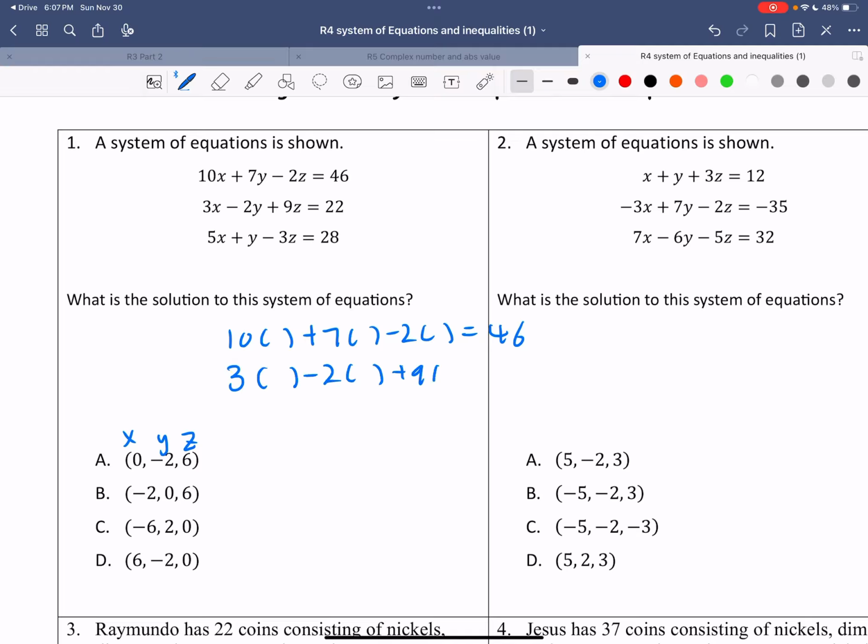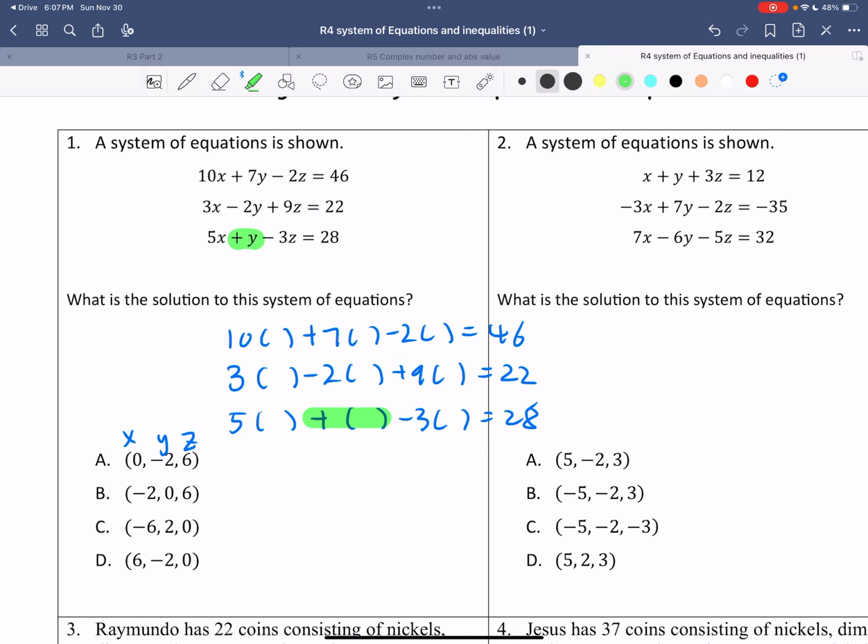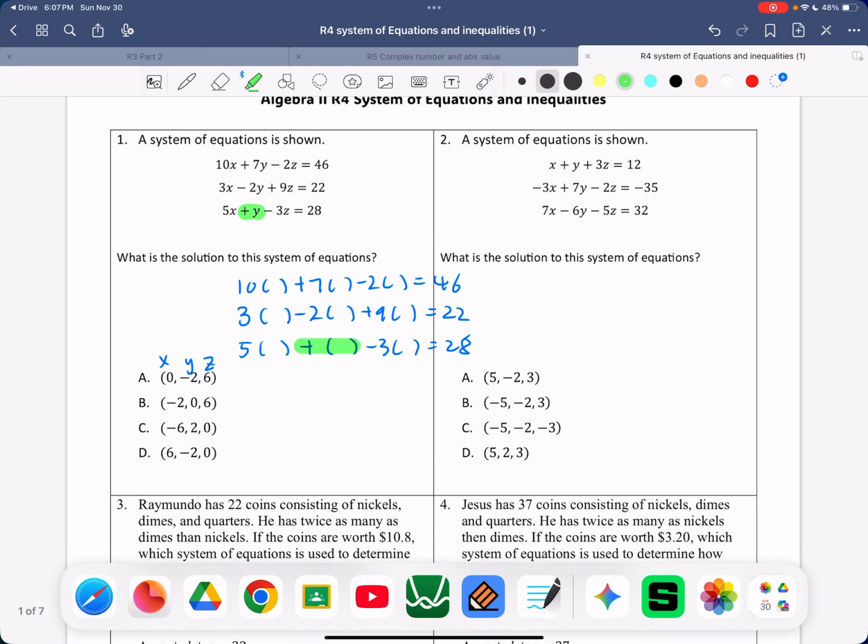I'm pretty sure you guys have done the same questions many times. Now keep that in mind. Do you see this plus y? I just put plus parentheses, okay? So that's what you're going to put inside the parentheses.